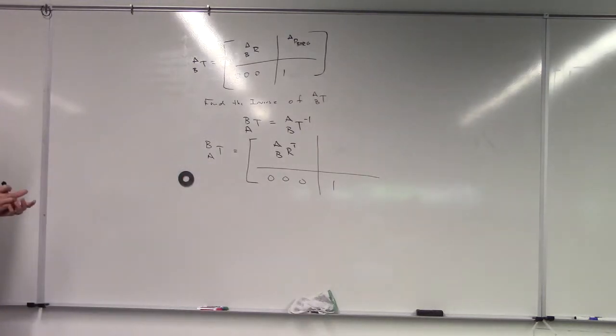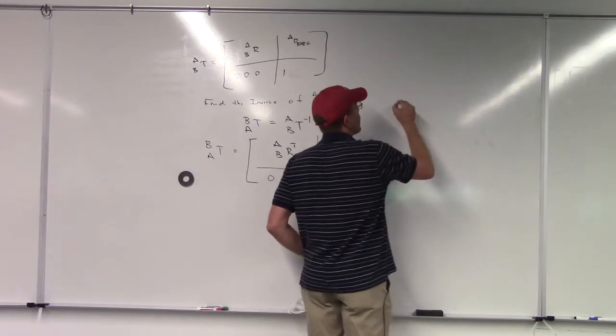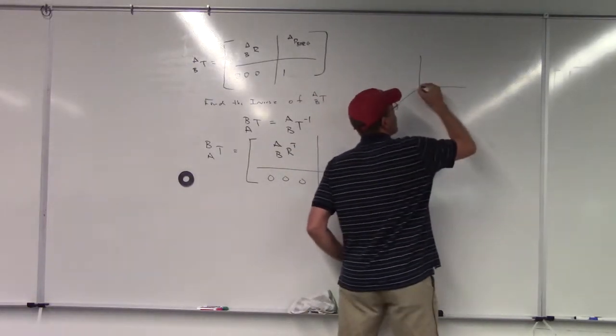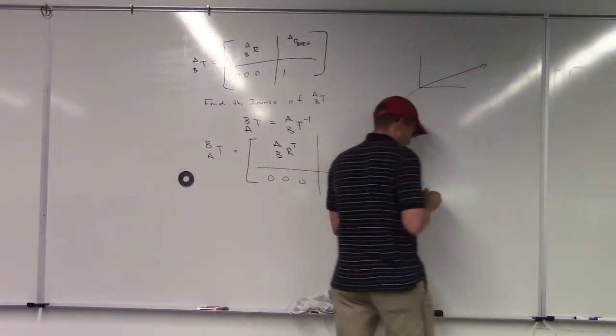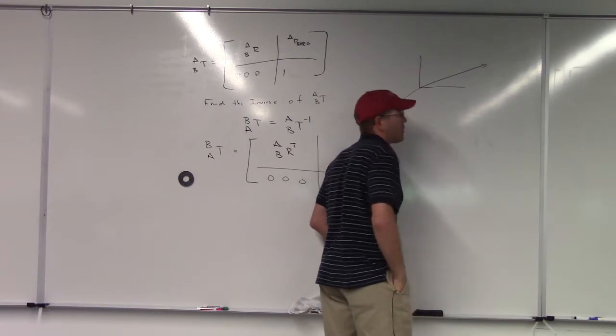Okay, so what is this doing when we're actually describing this transformation? So we have frame A here pointing at, which color will it be?